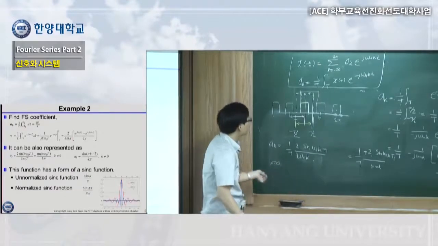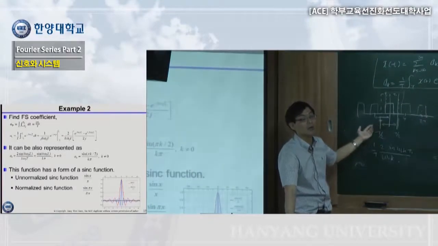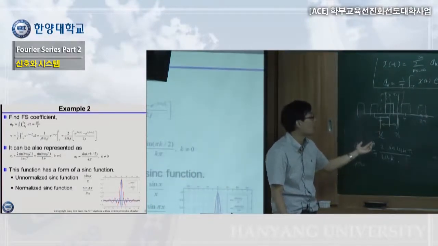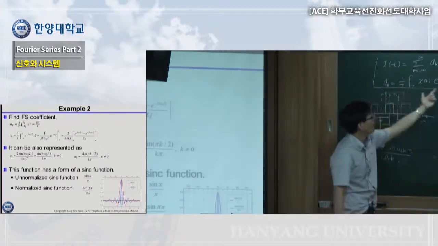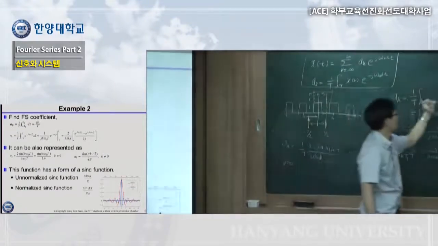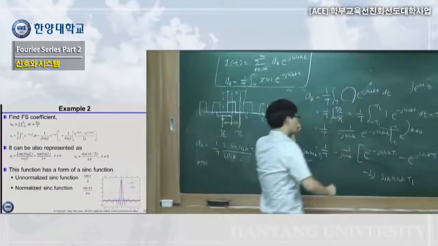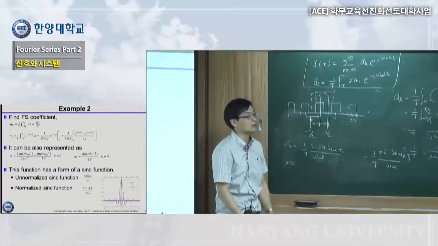Once again, if you are given a periodic signal and you want to have the Fourier series, what we have to do is find AK. We have this equation and put this function in here, and consider the special cases.